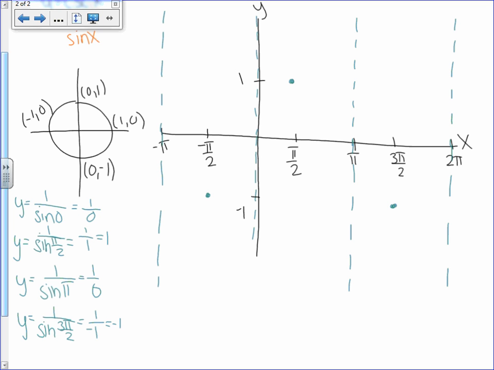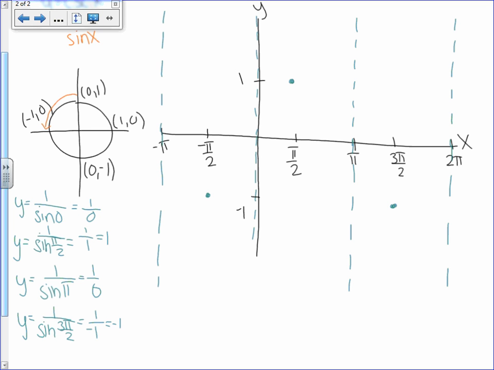Okay, now we've got to fill in what's actually going on between all of these asymptotes. All right, let's be smart about this. Let's take a look between pi over 2 and pi. As I go from pi over 2 to pi, notice that my sine values, my y values, are getting smaller. At pi over 2, my sine is 1, and then my y values keep getting lower and lower until I'm at 0.